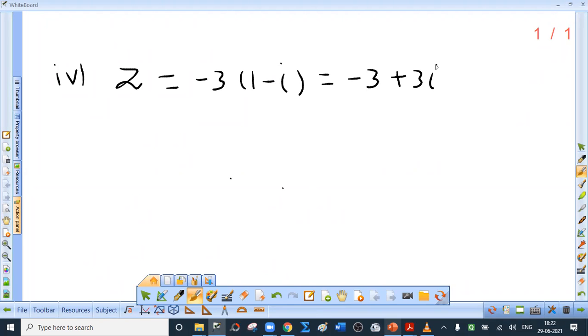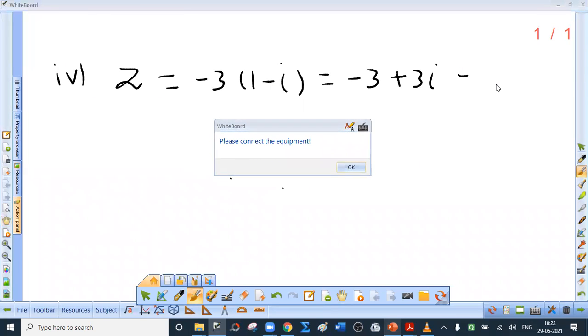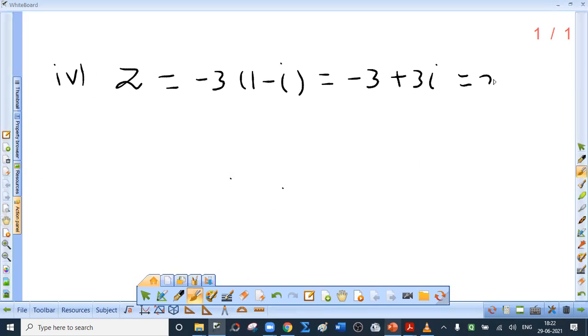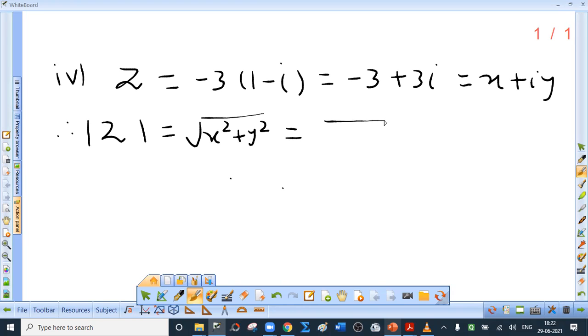Now I will say that this is x plus iy. You have to compare this with x plus iy only. So what is the modulus of z? It is nothing but root x square plus y square. So this is root 9 plus 9, that is root 18.